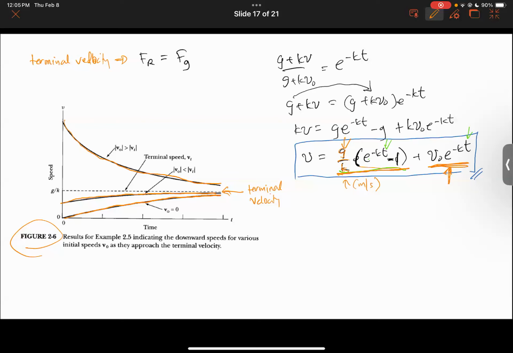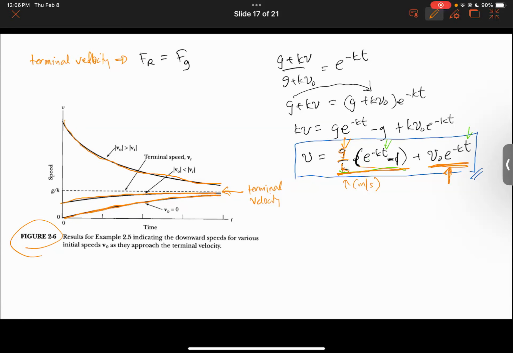Gusto ko lang na maintindihan niyo ng konti kung ano nangyayari dito. We're talking about the initial speed dito. Di ba sinabi ko kanina about the parachutist, it started from an initial velocity of zero. And for the case of the parachutist, ito yung graph na sinusundan niya.